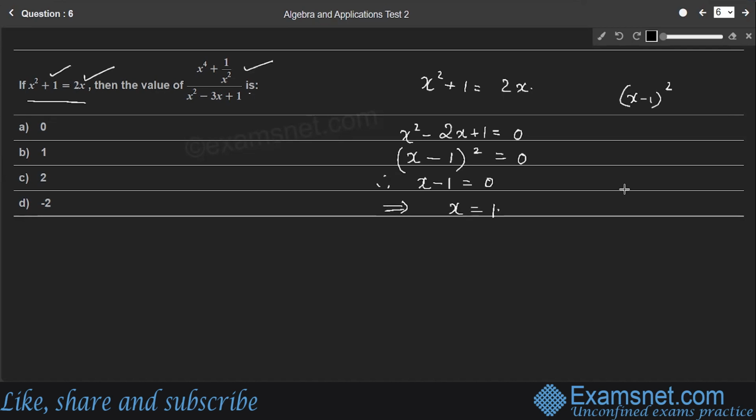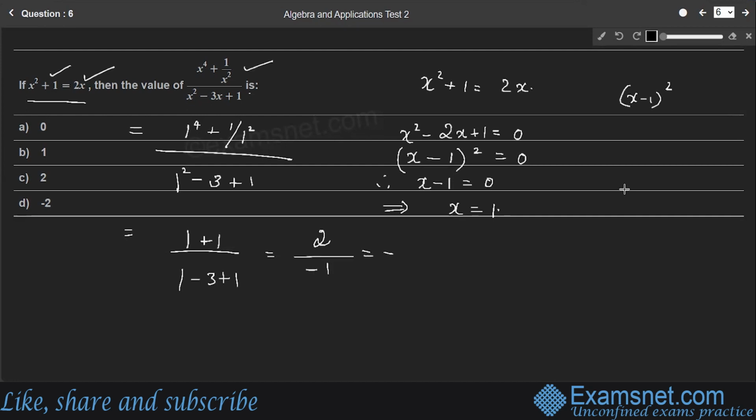If x is 1, so value of the expression x raised to 4 becomes 1 raised to 4 plus 1 by x square is 1 square, whole divided by 1 square minus 3 into 1 plus 1, which is equal to 1 plus 1 whole divided by 1 minus 3 plus 1. So which is 2 divided by minus 1, which is minus 2 is the answer, right? So option D is the right answer.